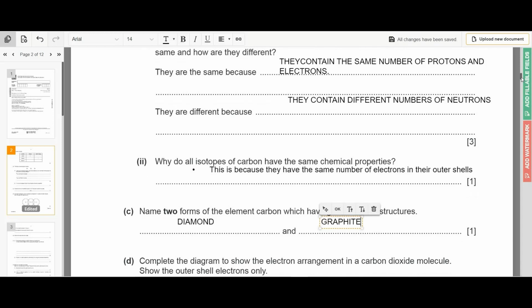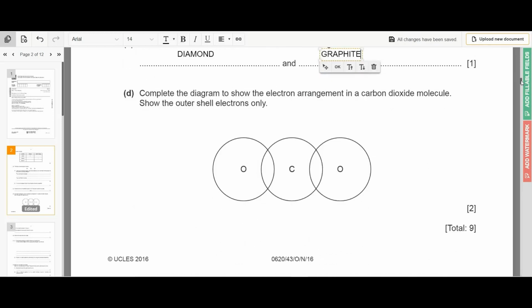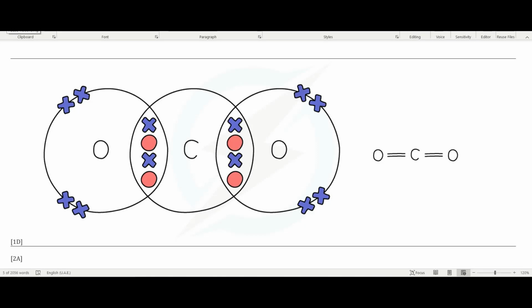to part D. Complete the diagram to show the electron arrangement in a carbon dioxide molecule. Show the outer shell electrons only. For this part of the question, you need to be familiar with the electron arrangements in complex molecules as well as in simple molecules.